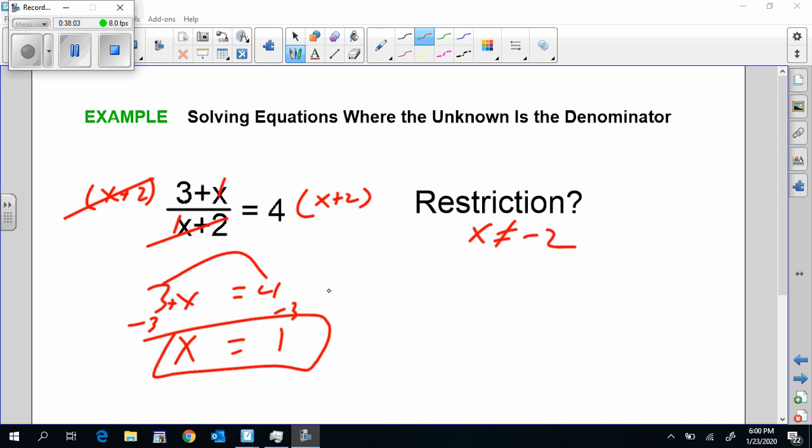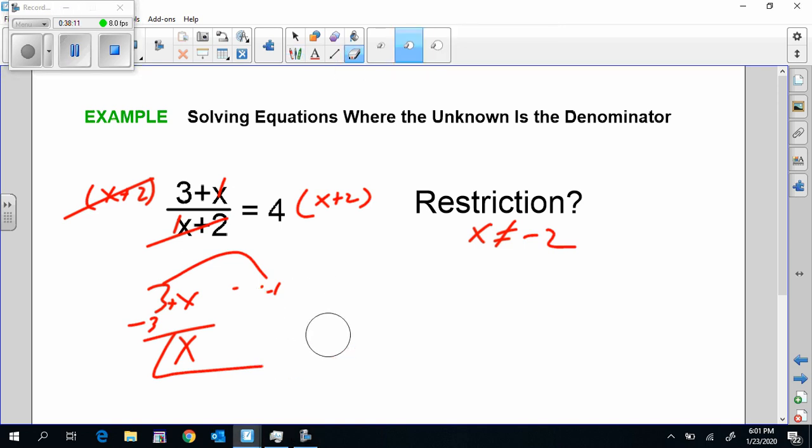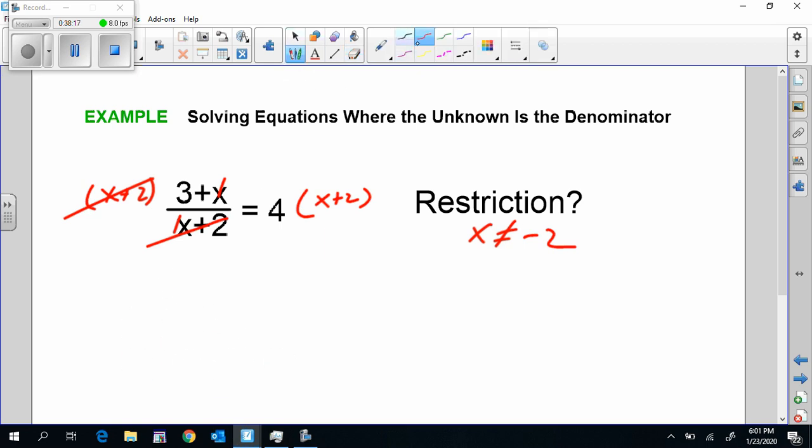If I didn't already have 38 minutes recorded, I'd stop and scrap it and start over, but there's 38 minutes, so I'm just going to erase your brain for a moment. The x plus 2, this is why we check, right? The x plus 2 canceled here. It didn't cancel here. Therefore, you'd have to distribute, wouldn't you, Howard? Yes, you would. I know you were trying to tell me that, but I wasn't listening because I'm sedated.